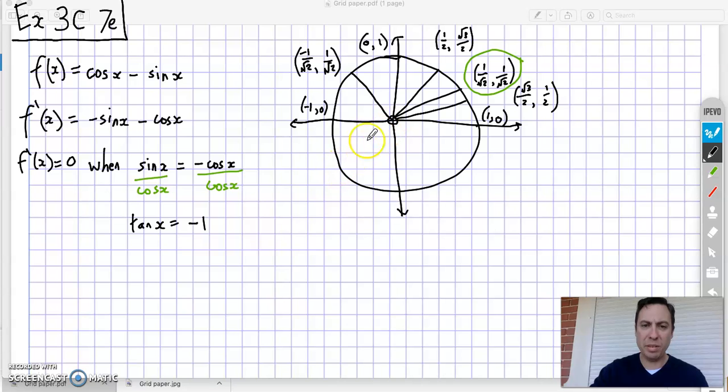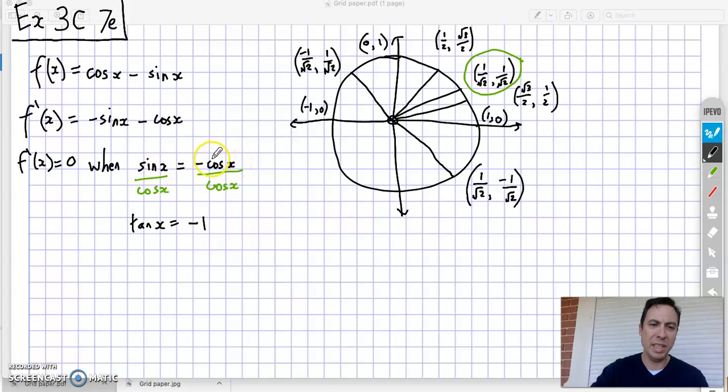Here in this quadrant, both sine and cos are negative, but through here, the x-coordinate, or the cos, is 1 on root 2, and the sine, or the y-coordinate, is minus 1 on root 2. And that would fit our conditions for when f prime x equals 0. That's when sine of x is minus cos x.